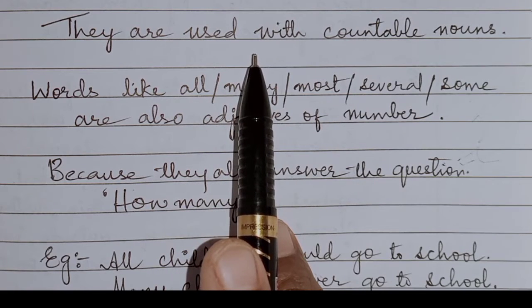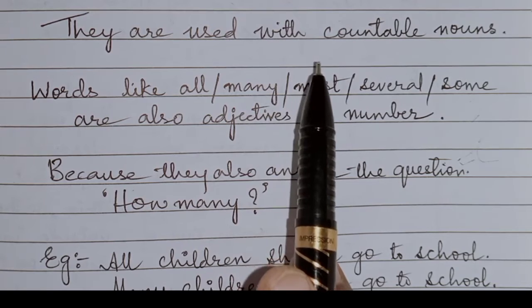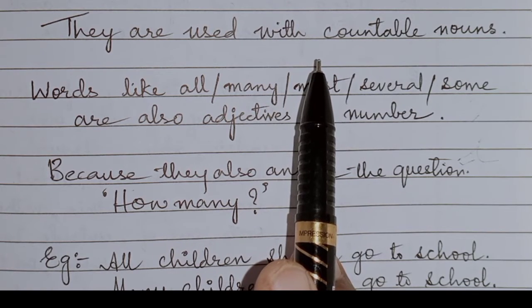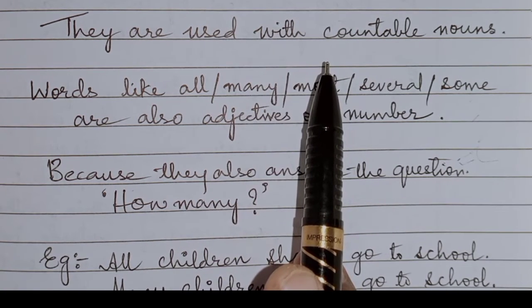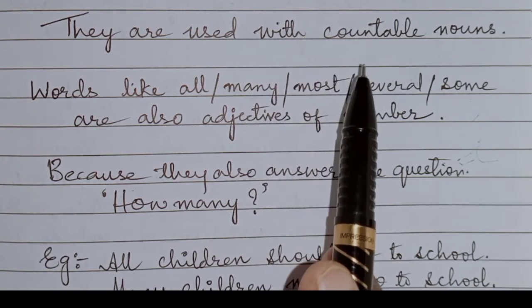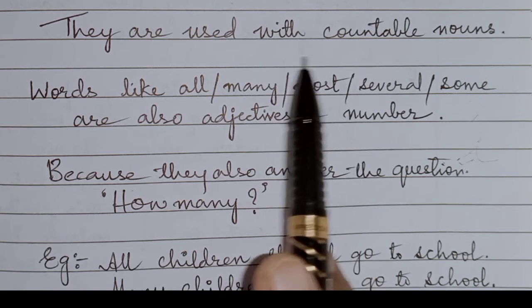Example: Students sang 5 songs on the school annual day. Another example: Reena has 2 pets. There are 10 mangoes on the table. What does this indicate?